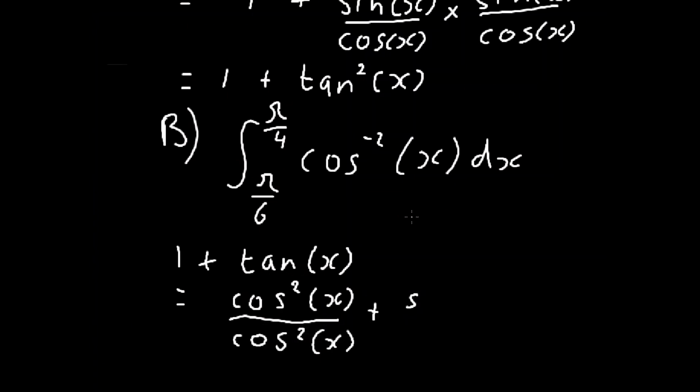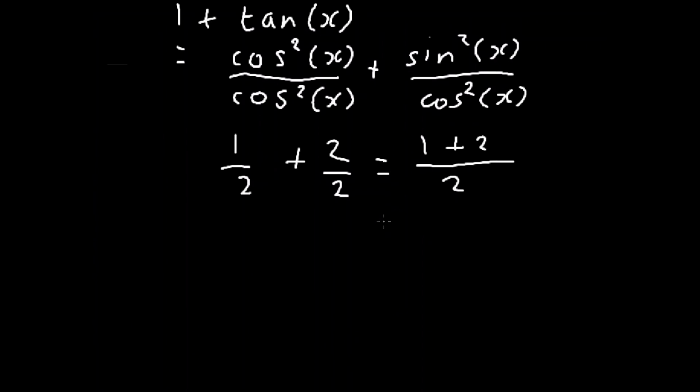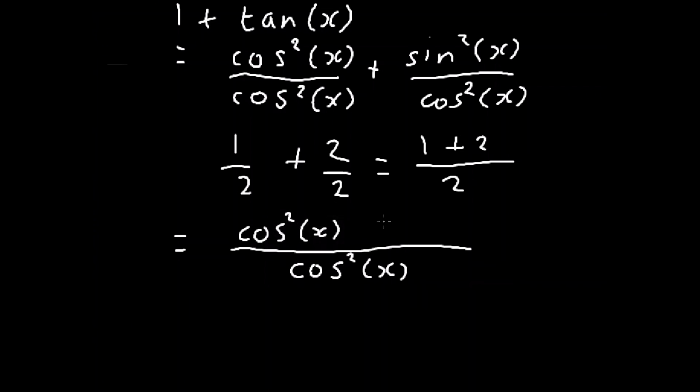And then plus our sine, all divided by our cos. Okay, so what I can do is if I have 1/2 plus 2 on 2, that can join up the bottom bit, so it becomes 1 plus 2. So that's what we're going to do here. We see that the bottom bit is the cos squared, and we join them up. And so that is all equal to cos squared x on cos squared x plus sine squared x.